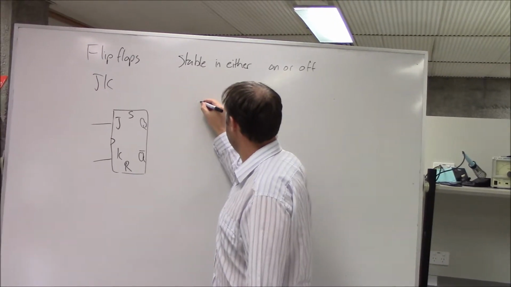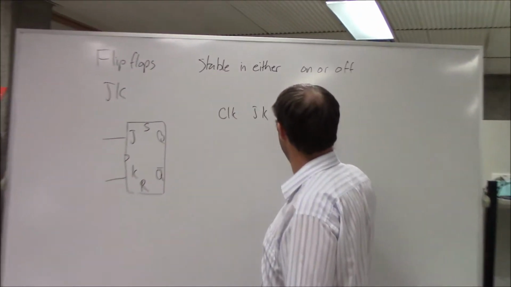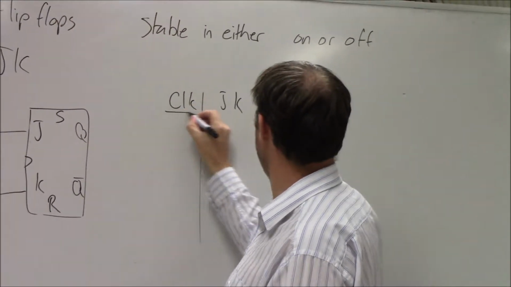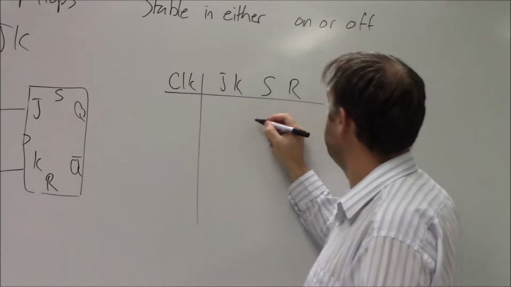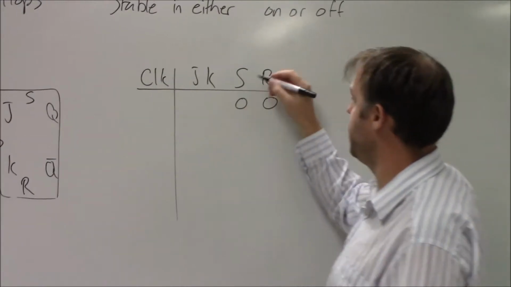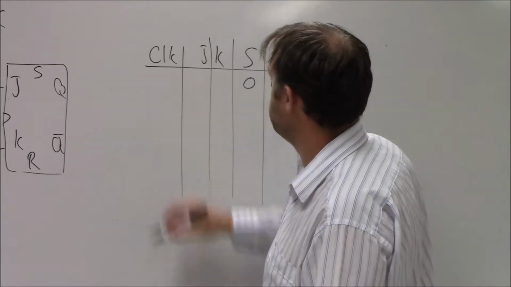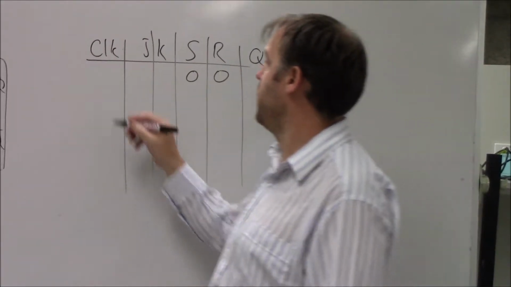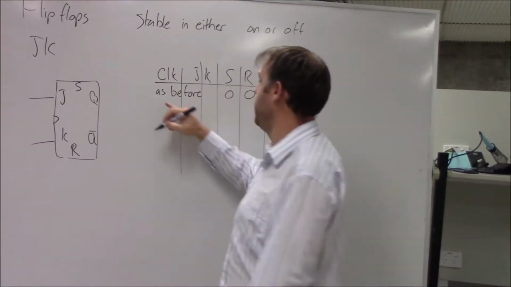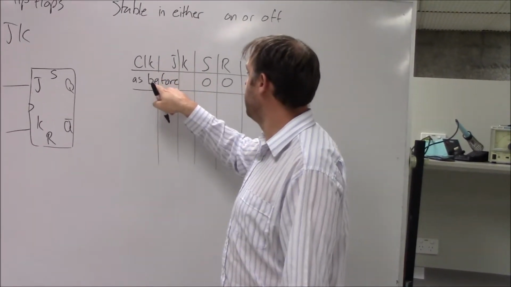Okay, so we've got clock, J, K, S, R. So 0, 0 for the set and reset. So if set and reset are both 0, it's as before. Okay, so meaning what the JK truth table was.